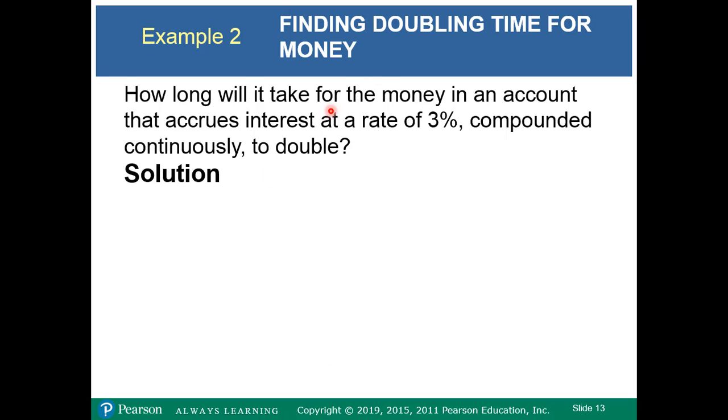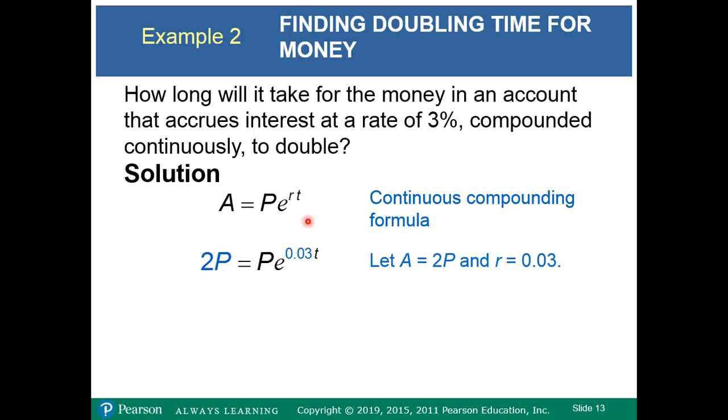Now, how long will it take for the money in an account that accrues interest at a rate of 3% compounded continuously to double? Well, let's figure this out. So this is the compounding question. We know that the formula is the future value is equal to P, the initial deposit, times e to the rt. This is for continuous compounding. And we want to know when it is going to double.